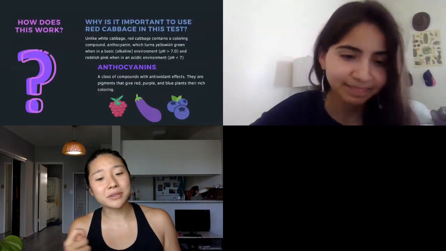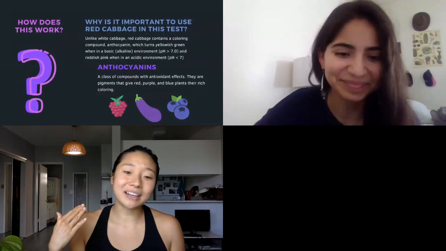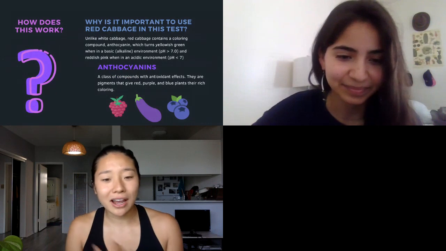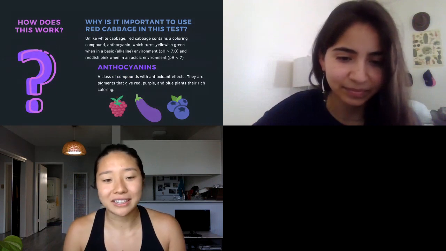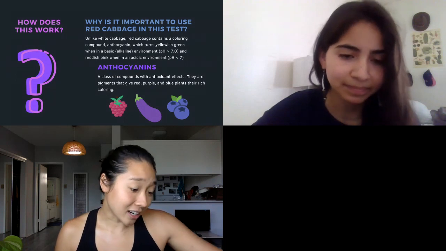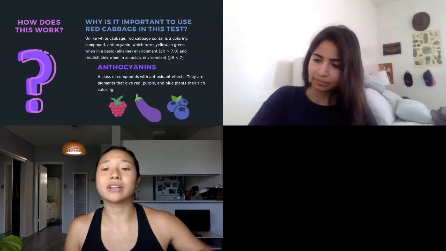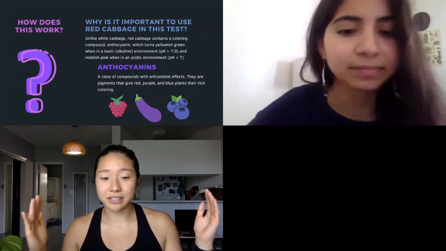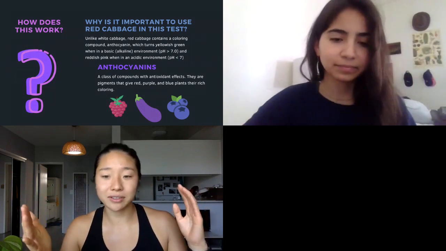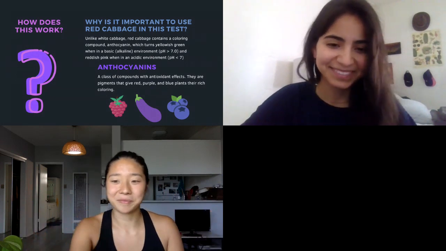It's the thing that makes red cabbage red/purple. It's what makes blueberries blue, eggplants purple, and raspberries red. It's just a pigment, and it's really, really sensitive to differences in pH, and that's how you get the huge range of colors that you can achieve using cabbage juice as a pH indicator.